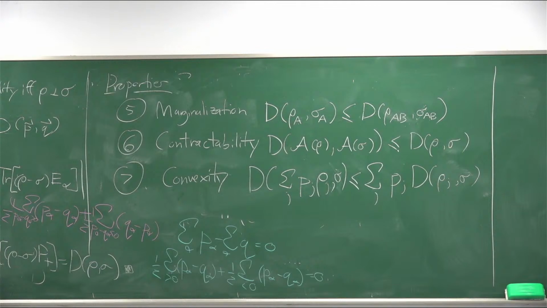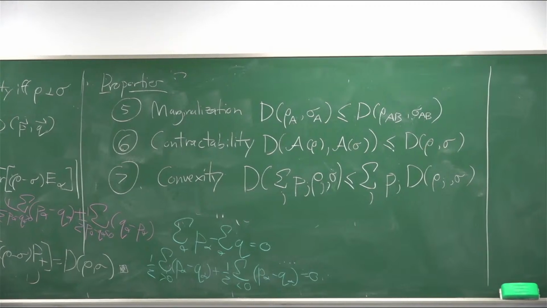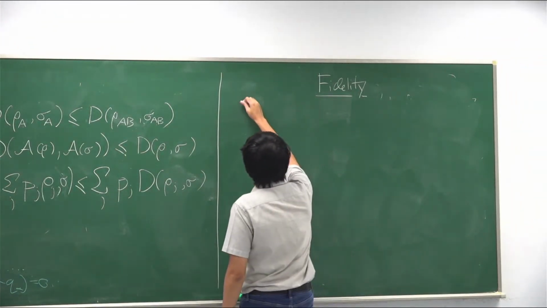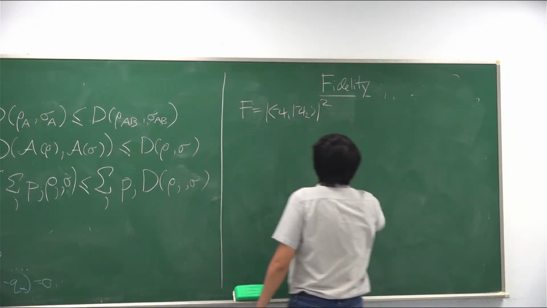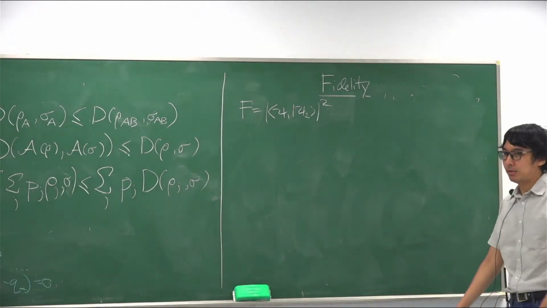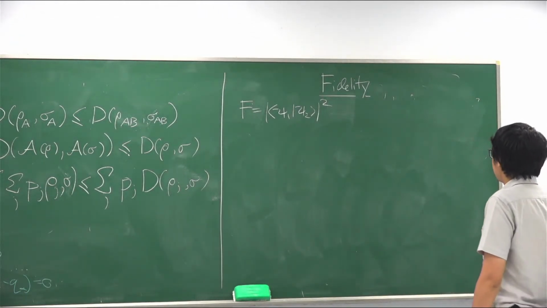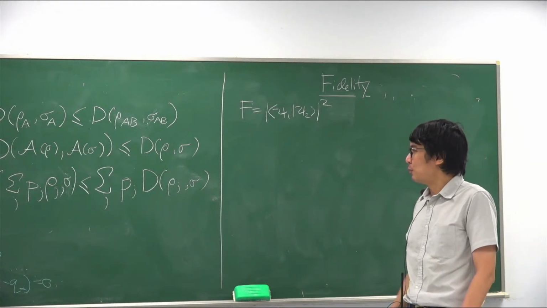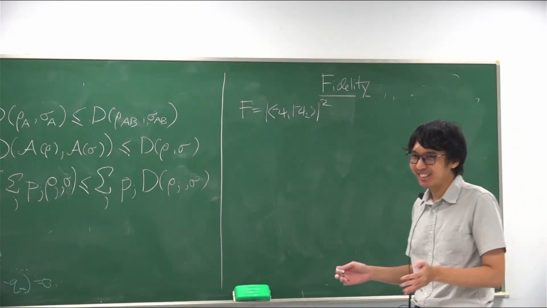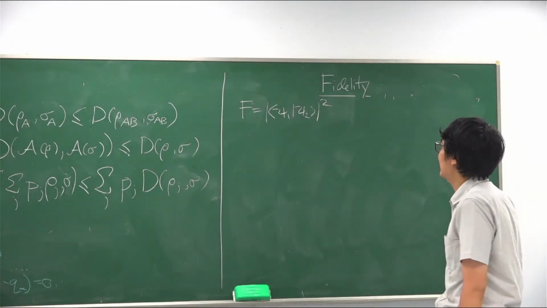And we're going to do the same. We're going to define fidelity for mixed states first, which turns out to be much more complicated than the trace distance. Okay. So for pure states, the fidelity is just this. Now we can make a guess for mixed states. But the chances are that whatever guess we come up with is probably not the definition people use.